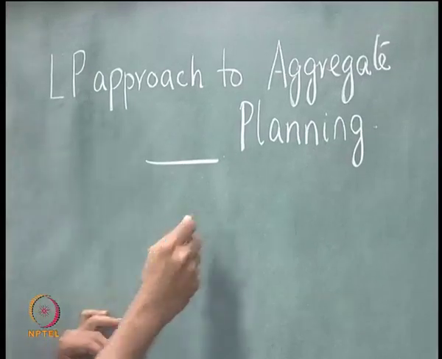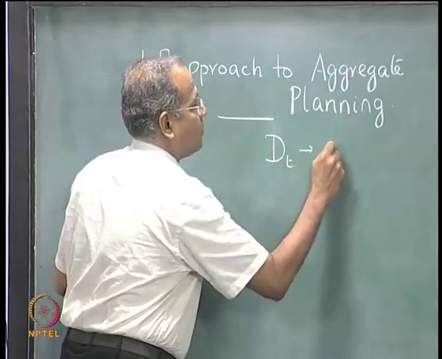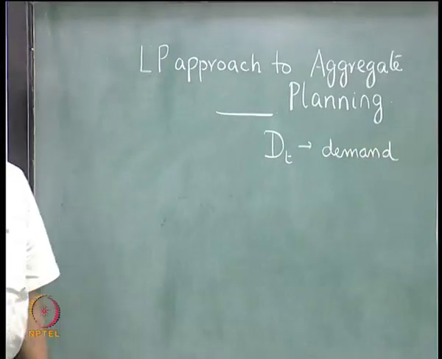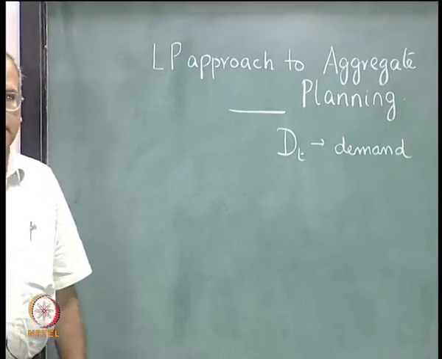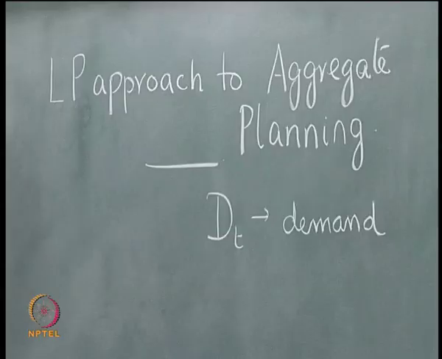So, we first assume that demand for period T is known and given. So, there is a demand for period T. The various costs are given and the various decisions are given.